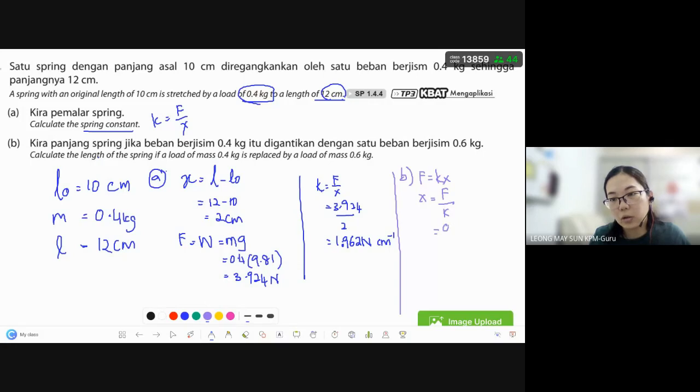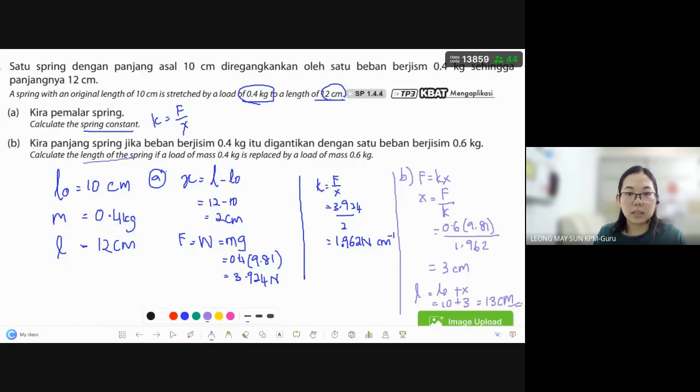The force is 0.6 kg now, multiplied by 9.81 to change it to the weight, over the spring constant 1.962. So 0.6 times 9.81 divided by 1.962. The extension right now is 3 centimeter, but the question asks for the length of the spring. So the length of the new spring is L0 plus extension, that would be 10 plus 3. Answer is 13 centimeter.